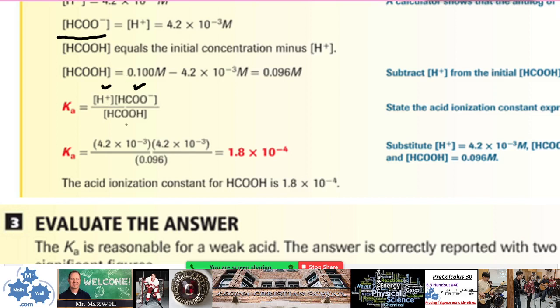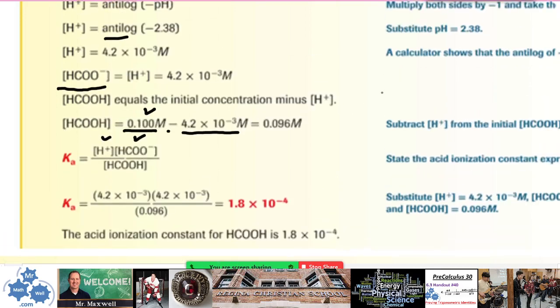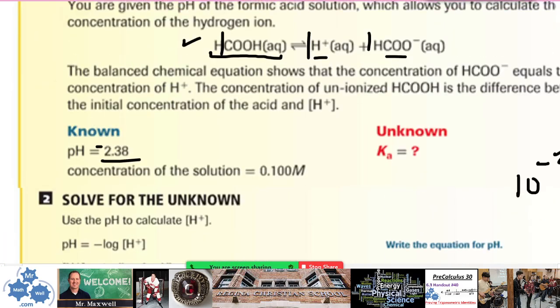But we need to find the concentration of the original acid. And for that one, what we do is take the original concentration here and subtract the concentration of the H plus that we found. Because remember, in this equation, this is going to be 0.1 molar minus some X value, because this is X and this is X. So we need to include this, right?